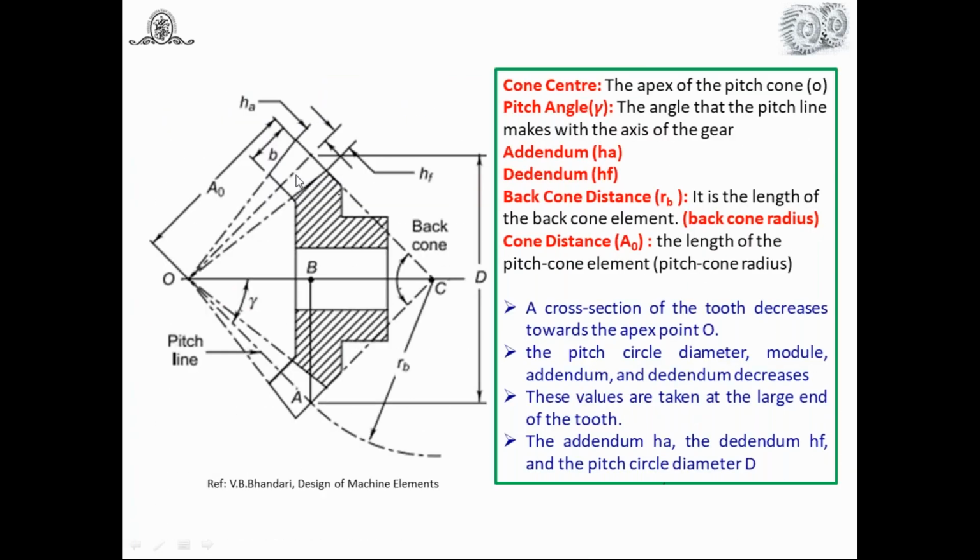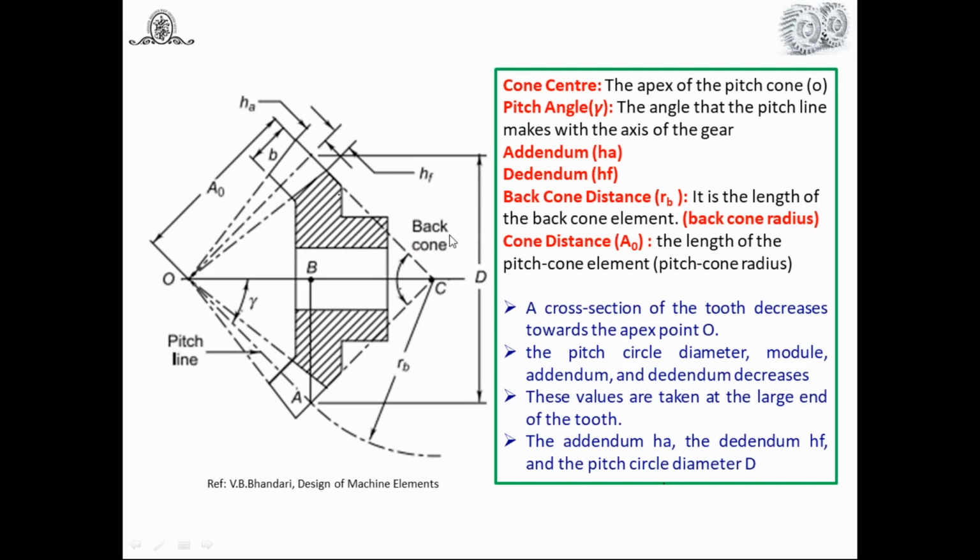For that purpose, in many applications, these values of PCD, module, addendum and dedendum are taken at the large end. Try to understand. That's why in this figure, this capital D is the PCD, the pitch circle diameter of the bevel gear. Don't take it at this place, don't construct like this.